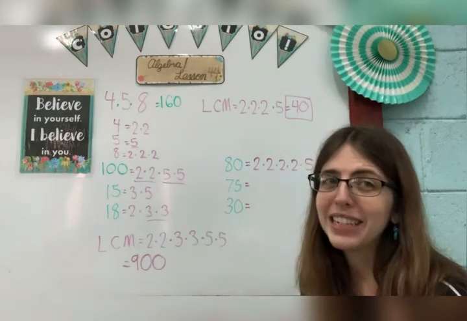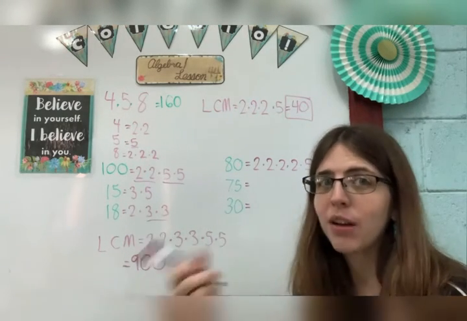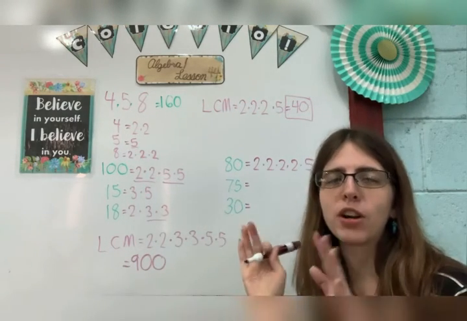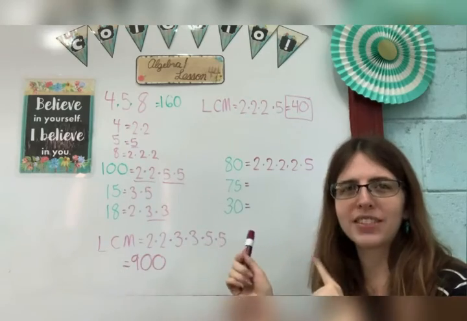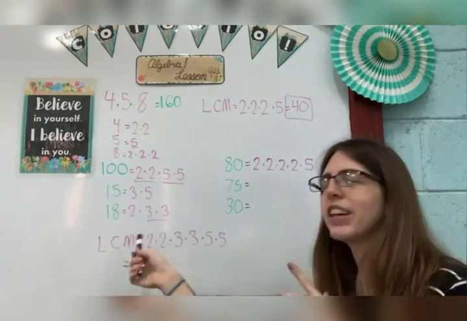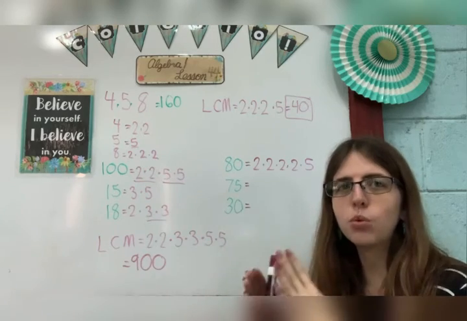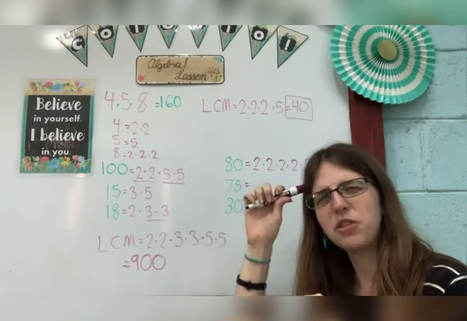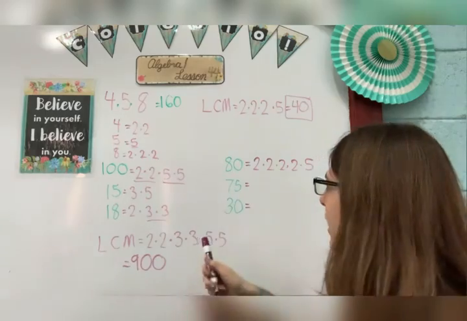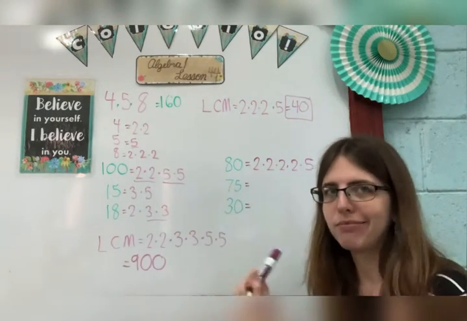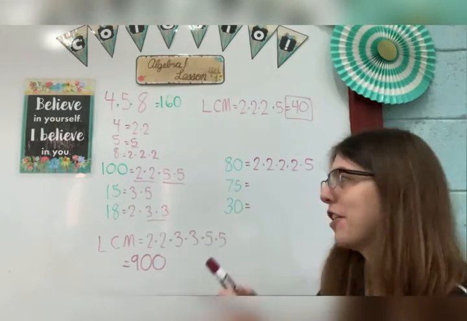Now, I actually did not do that off the top of my head, which you probably saw. I was looking at my book. So for numbers that are not as common, like 15, not as small, like 18, then you will need to use some sort of tool to find the prime factors.